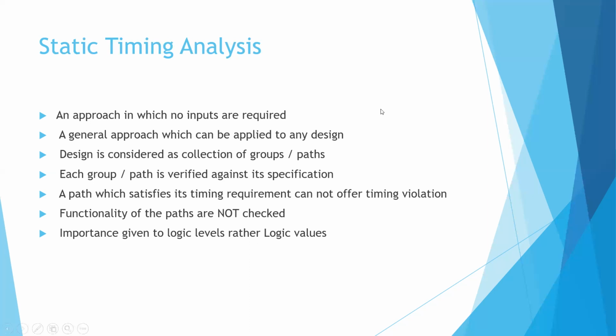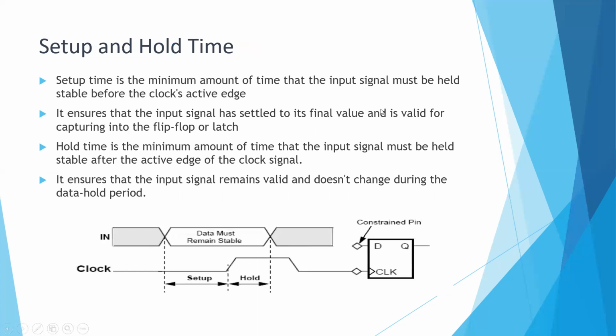So what comes under the static timing analysis? The first constraint, which is very important, is setup time, and the other one is hold time. Setup time is the minimum amount of time the input signal must be stable before the active edge of the clock.